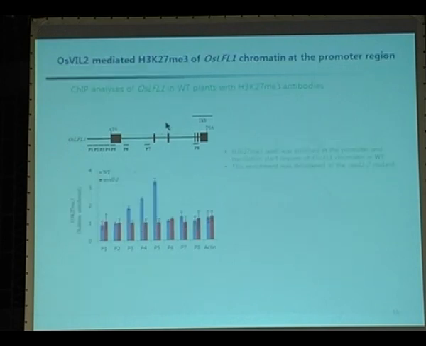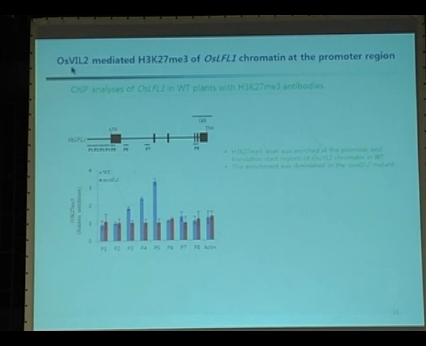We did another experiment to directly show that this part was actually modified by a histone modification. Therefore, we used an antibody against histone 3 lysine 27 trimethylation, and we were able to show the same kind of enrichment using this antibody.